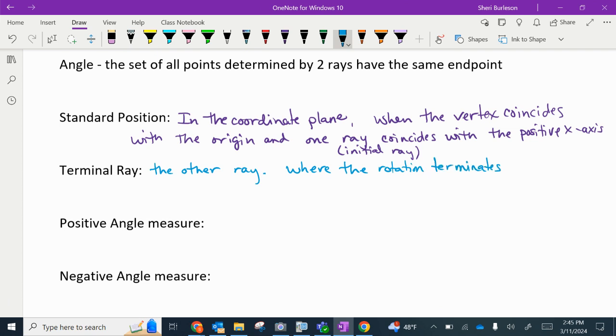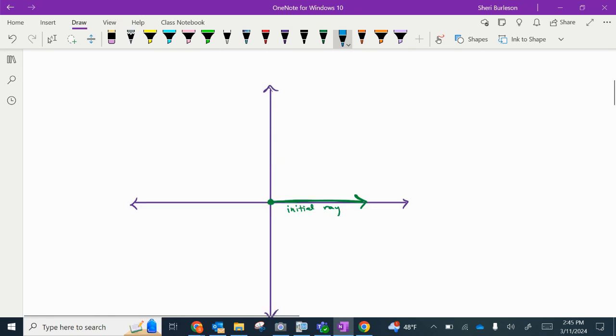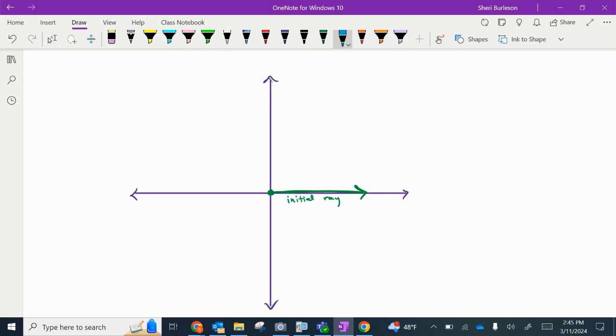Hence the name terminal. So if I rotate and stop, initial ray rotates. This is where my rotation starts. And this is where my rotation terminates. Do you see that? Does that make sense? Okay.